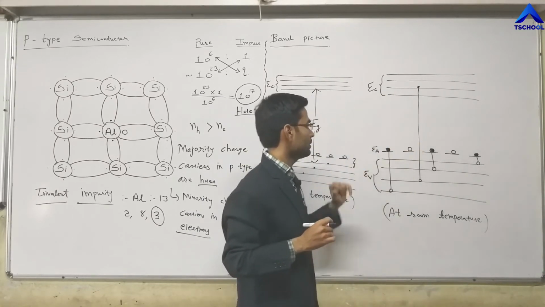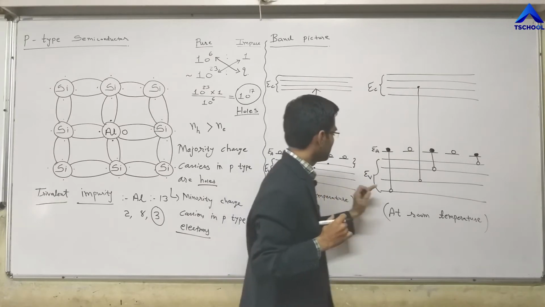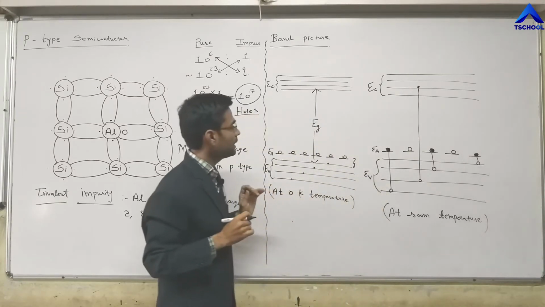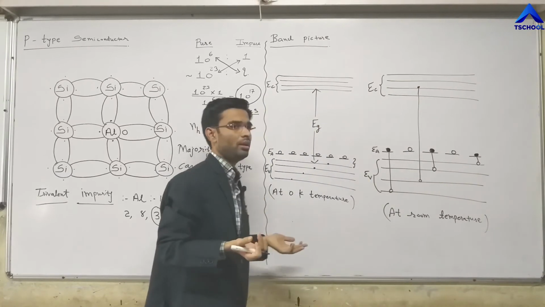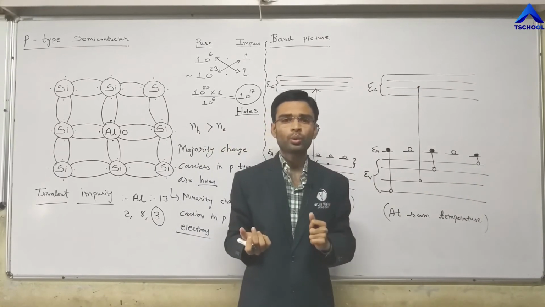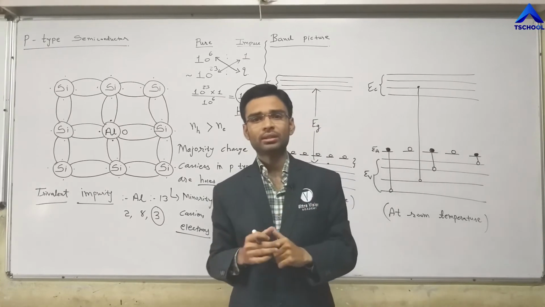That's why we see here only one electron in the conduction band, which is insufficient to form an electrical current.